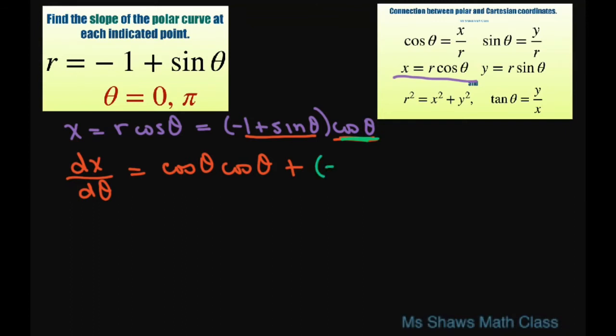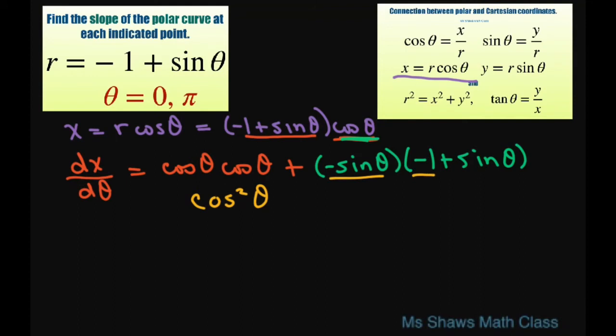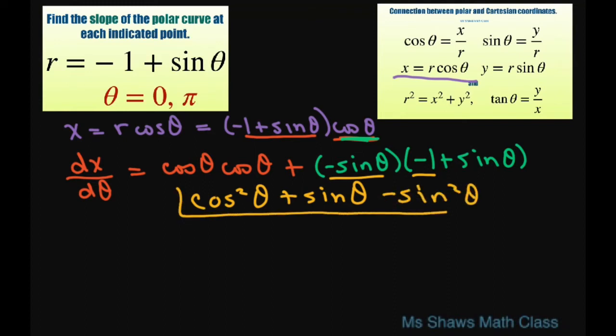So this is going to be negative sine of theta times -1 plus sine of theta. Let's simplify. So this is going to be cosine squared of theta. Multiply these two, you're going to get plus sine of theta, and then minus sine squared of theta. So this is going to go in your denominator.